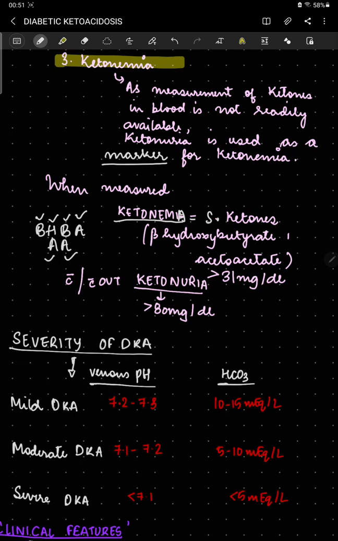Ketonemia is labeled when these ketone bodies are more than 31 milligram per deciliter. Okay, and ketonuria is labeled when the ketone bodies are more than 80 milligram per deciliter.